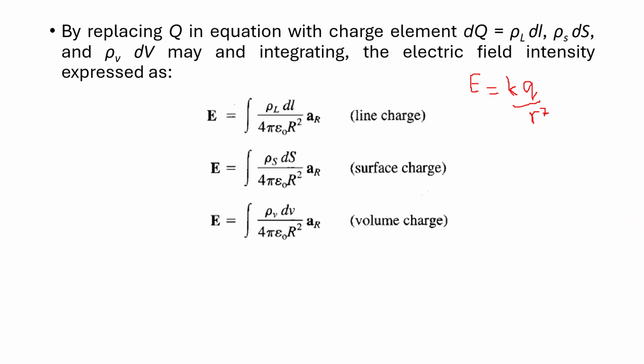Let's say along this element you have a lot of charge. Let's say you have a lot of charge on the line. For each element we call it dq.